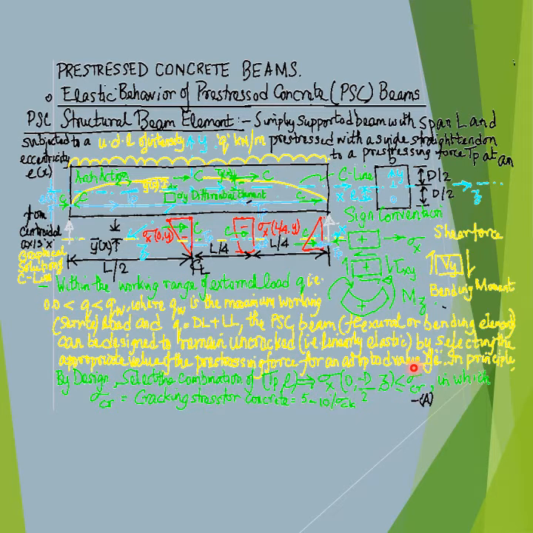That is, in case the cracking stress or the limiting value of the cracking stress of concrete is specified as 0 in equation A, then the pre-stressed concrete beam illustrated in the present slide and considered in the solved example herein will be designed to remain free from tensile stresses at any and all locations by virtue of the pre-stressing.